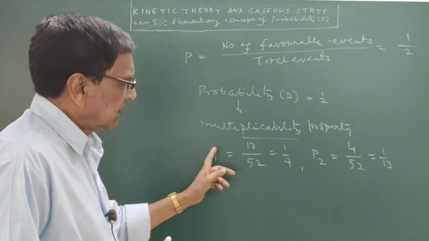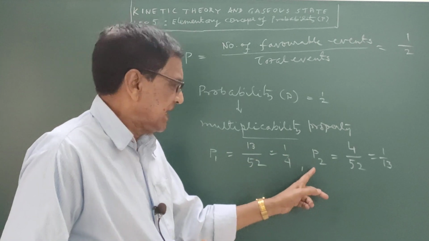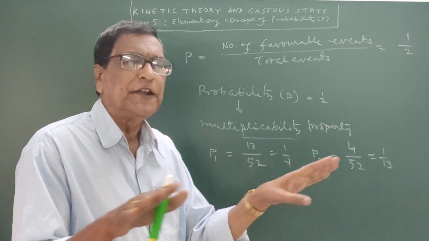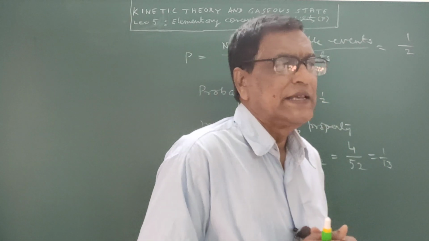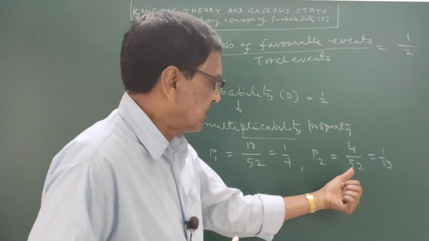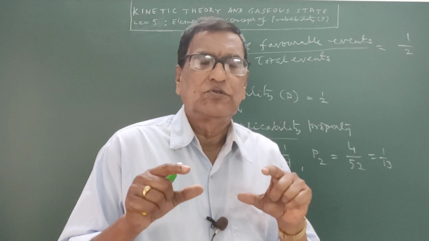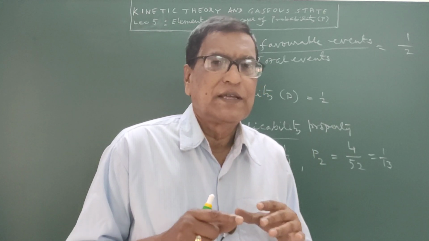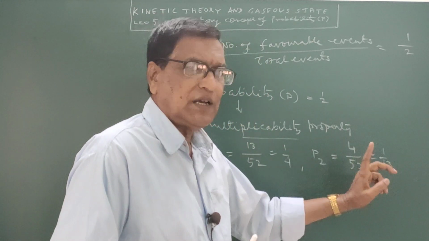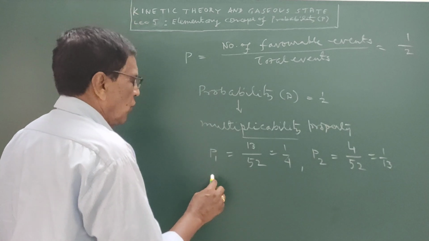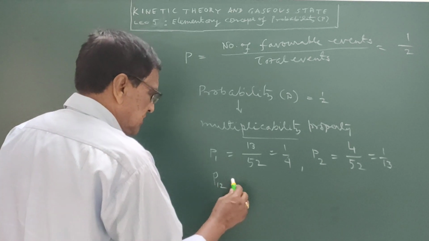So this is one condition, that is another condition, and these conditions are unrelated, independent. And suppose now you are trying to pick up a card with 2 conditions imposed simultaneously. Suppose you are trying to draw the king of diamond, both diamond and also king. Then it is the composite probability, P12.